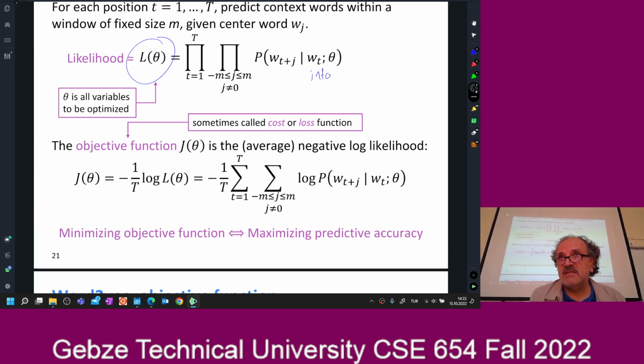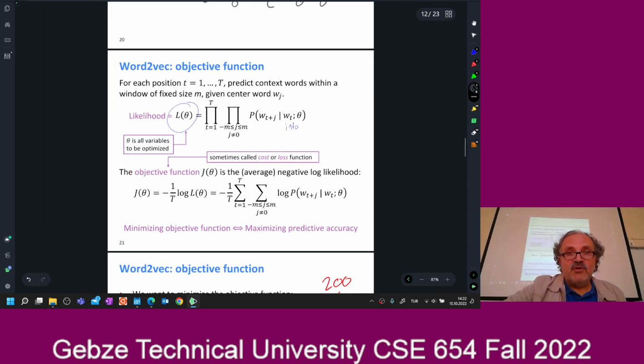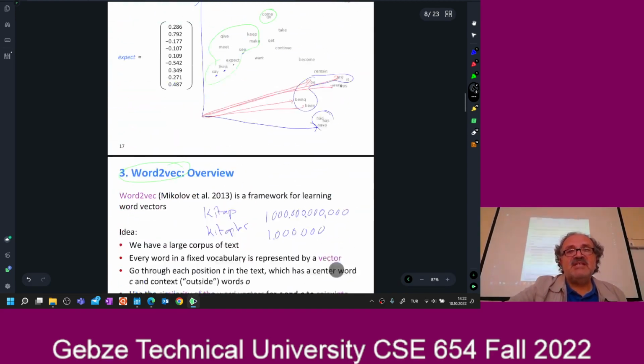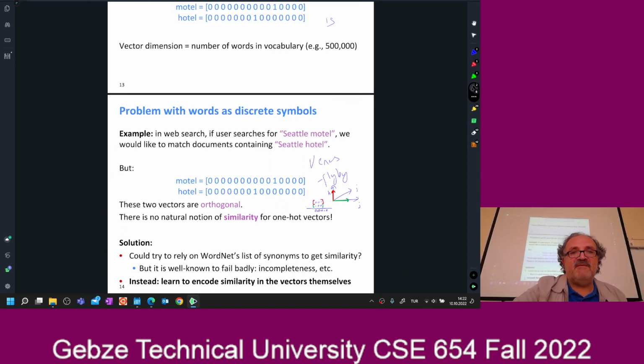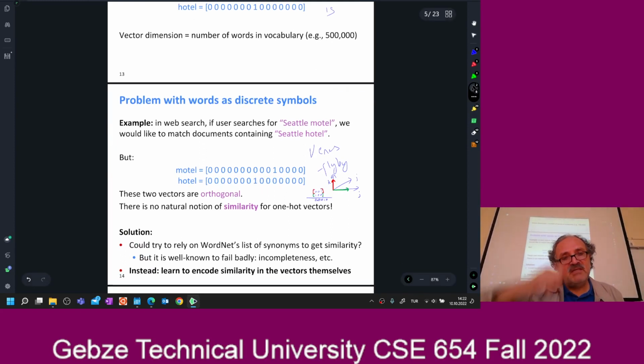Okay, any questions? Yes. Why do we use one-hot vectors? Well, it's just a representation. I didn't give any examples of where we use the one-hot representation for vectors, but it is used.